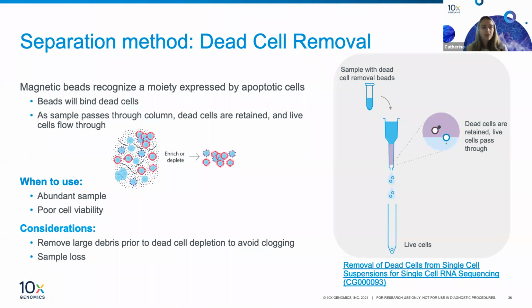The beads will bind to those dead cells and you're able to collect them through a column so that you're only obtaining live cells at the end. This is great when you're working with abundant sample that has poor cell viability, and it's a quick way to end up with a nice high viability population.